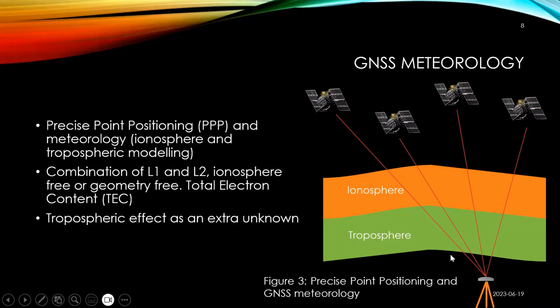So when the satellites send signals to the receivers, we think the ionosphere and troposphere are disturbances.